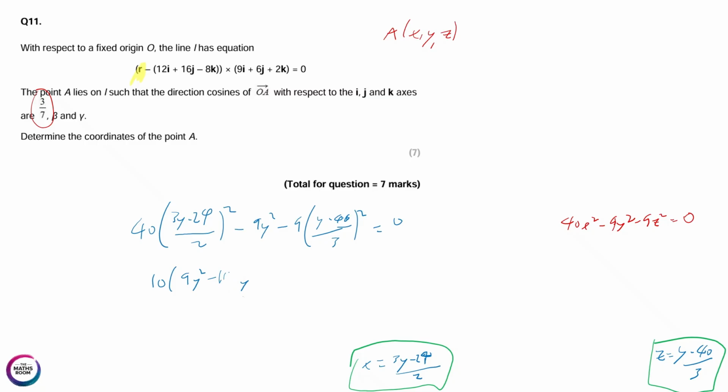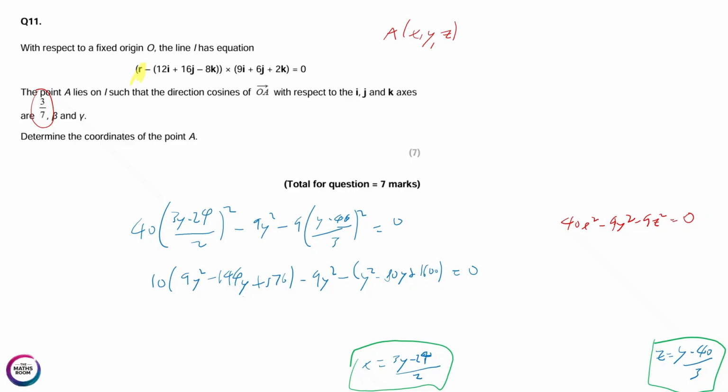Makes it a little bit neater. And 24 squared is 576. Minus 9y squared. No, 3 squared is 9, they cancel. That's good. So you get minus y squared minus 80y plus 1600, isn't it? Yeah, equals 0. Right, okay, let's simplify this then now.